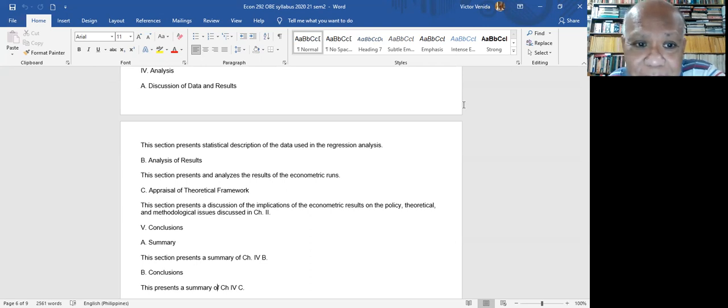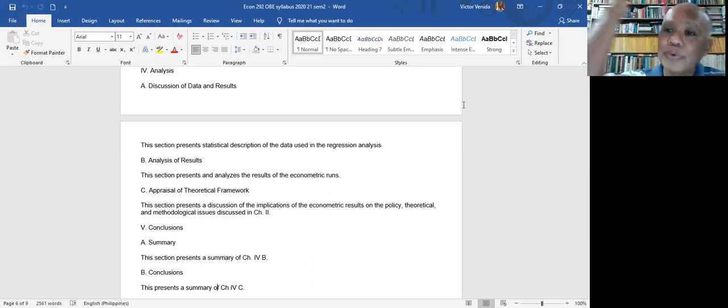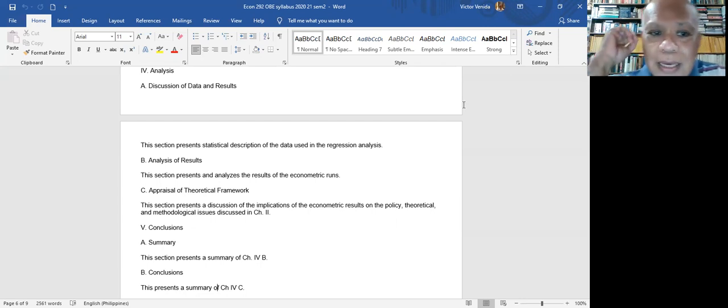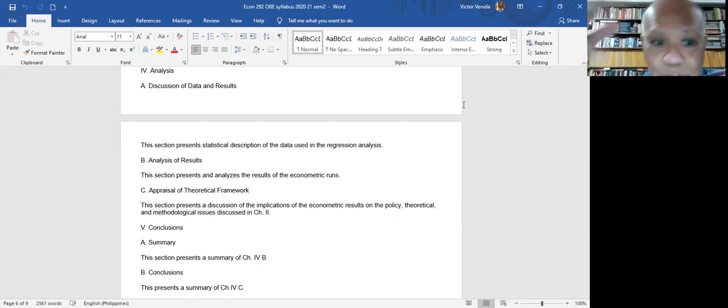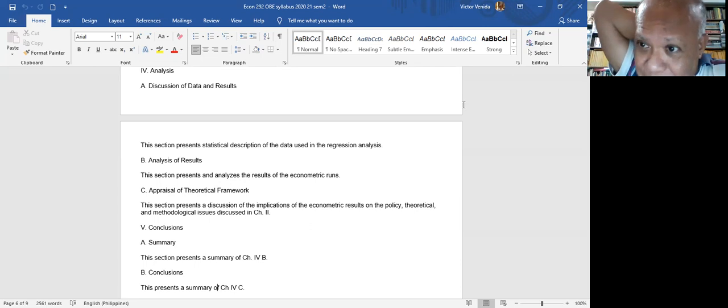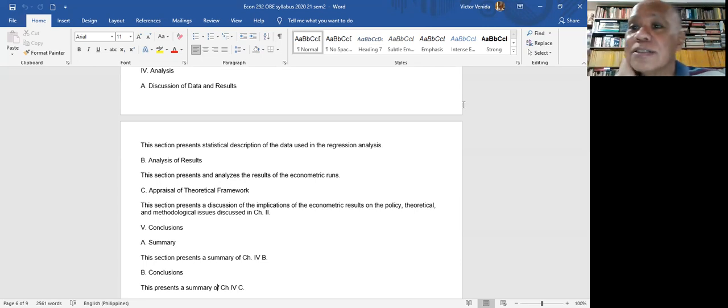And then in the appraisal of the theoretical framework, now that you've gone through the analysis of your results and the like, you now discuss the implications of your results, implications in terms of policy. Okay, you know that there could very well be some existing proposals, or might be already existing policies.